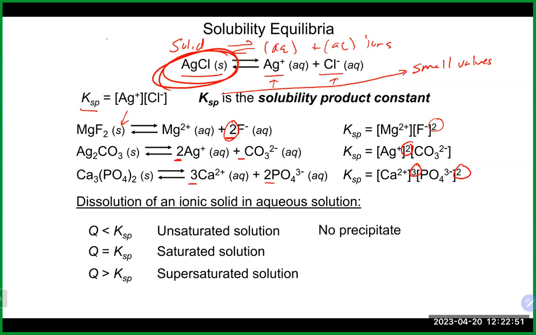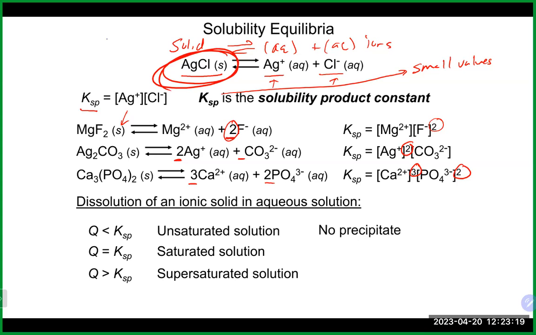But there are a lot of factors that actually affect whether some type of solid would form, and we're going to talk about these things. One thing that affects the possibility that an ionic solid would form is the concentration of the ions. If you don't have the right concentration of the ions in solution, even though your solubility rules tell you you should get a solid, you won't see the solid happen.